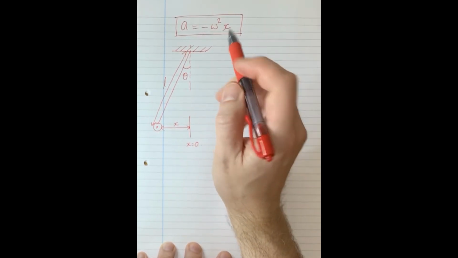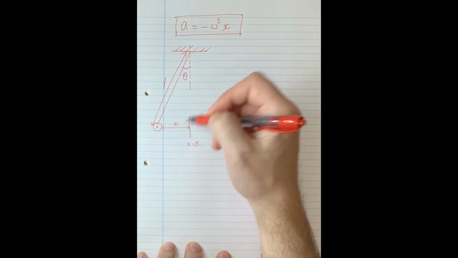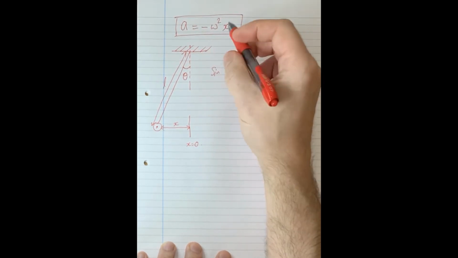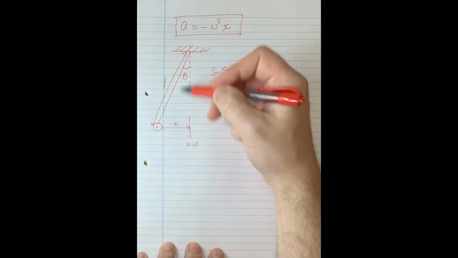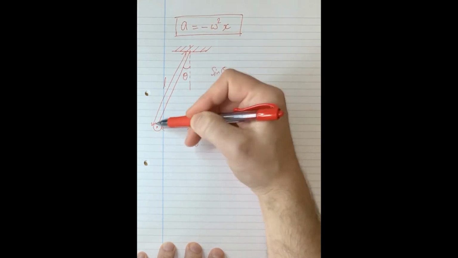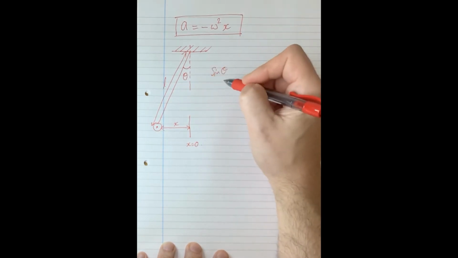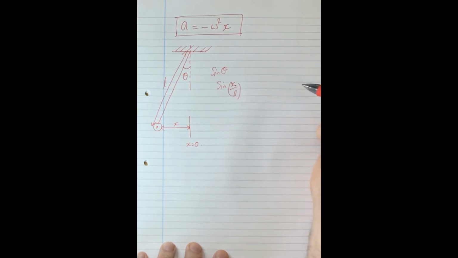This angle has to be small, okay? If it's not small, then we'll find that we don't get acceleration proportional to position, but sine of the angle, which is linked to, if you think of this as a right angle triangle, x divided by L is theta, okay? So you end up getting sine of this position, which is not SHM.